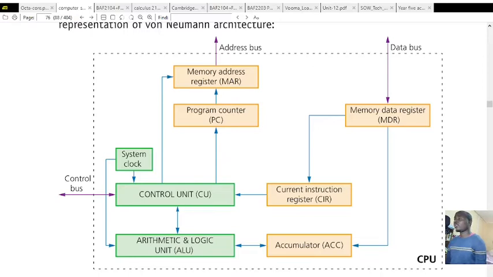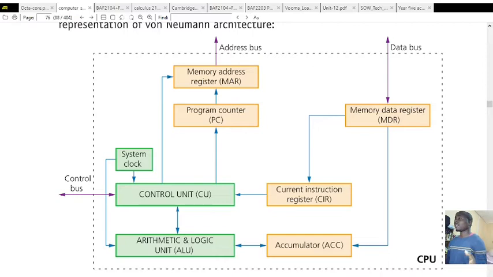Normally, the memory location of the next instruction to be executed is stored in the program counter and passed to the memory address register through the influence of the control unit, through the address bus.